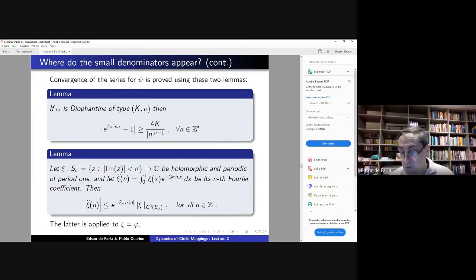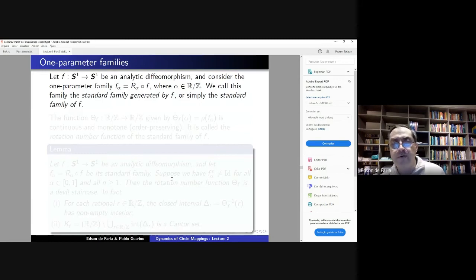So you have diffeos arbitrarily close to rotations with bad rotation number, and they are not analytically, they're not even C1 linearizable. Okay, so I want to give you an idea, and in fact, I want to give you a proof that such examples exist. But for that, I need to do a little bit of an intermezzo and talk a bit about one-parameter families of diffeomorphisms.